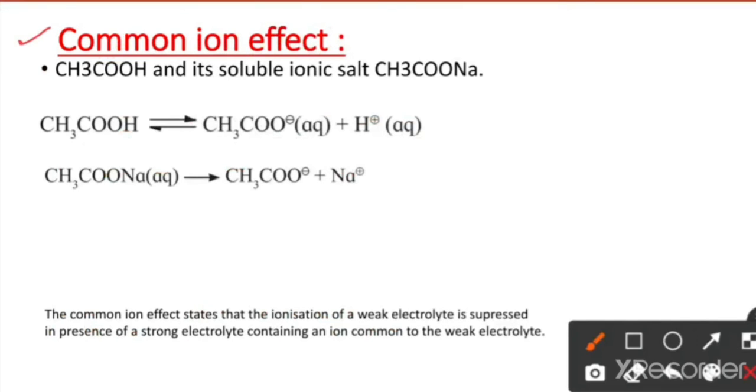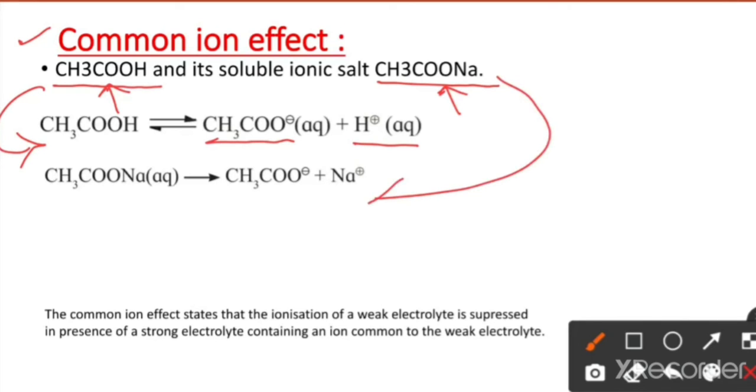Common ion effect. Consider an example of weak acid and its salt of strong base. This is weak acid, acetic acid, and this is a salt of weak acid with a strong base, sodium acetate. Weak acid dissociates slightly to give acetate ion plus H plus ion, and sodium acetate dissociates to give acetate ion and Na plus ions.